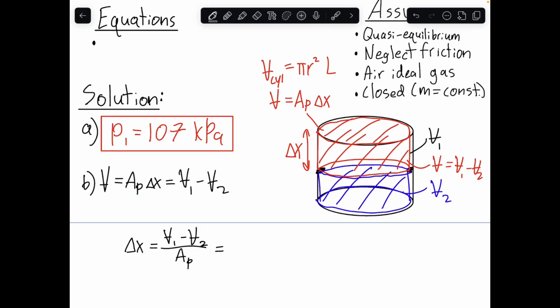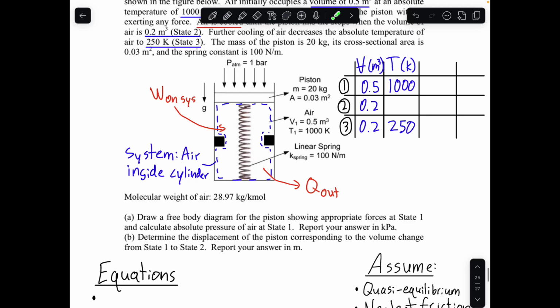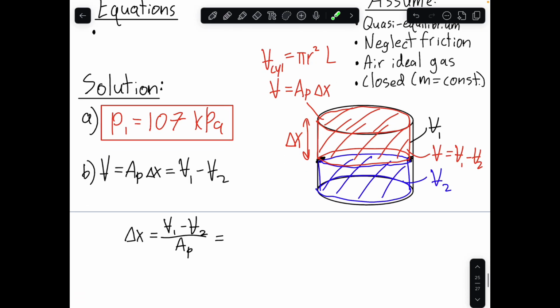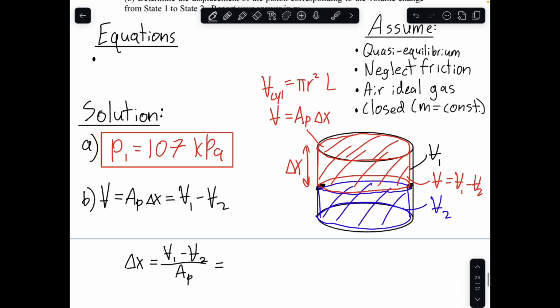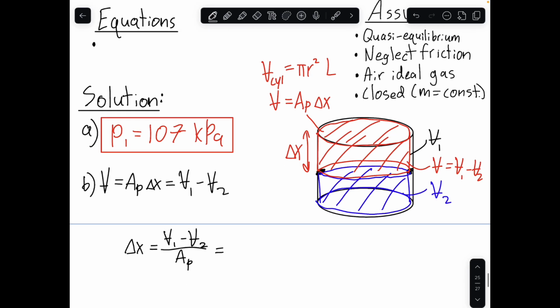And then we have all these values. Just look back up to our table. We have our V1 and our V2, and then the area of the piston is also given here. So just plugging in our values, we'll get V1 is 0.5 meters cubed minus 0.2 meters cubed, all divided by the area of the piston, which is 0.03 meters squared.